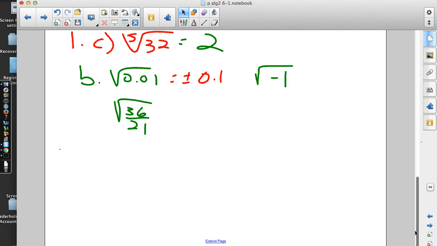Write your answer down for the square root of -1, and show me on the whiteboard. Now, hold them up and flip them around so everybody else can check and see what you have.